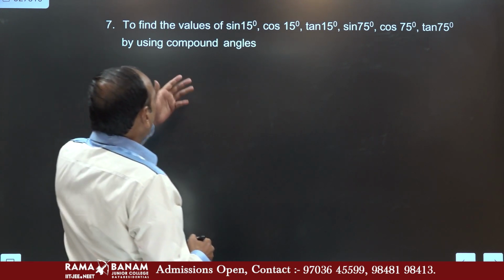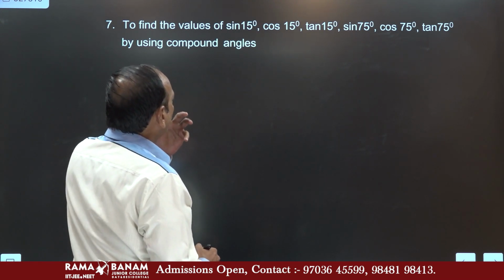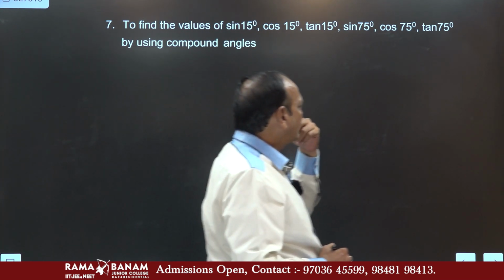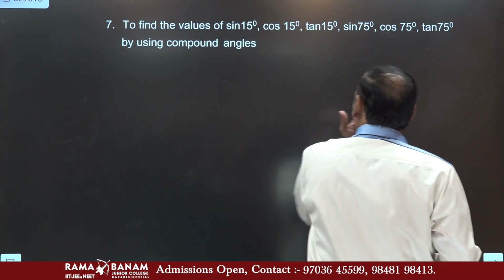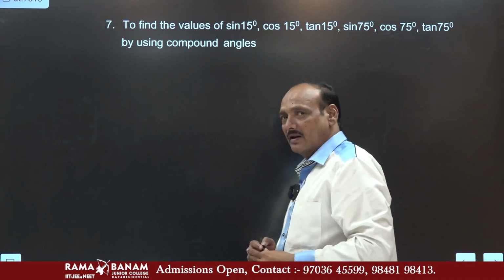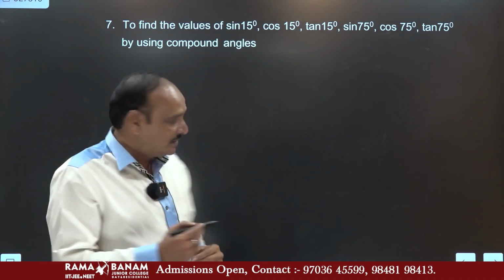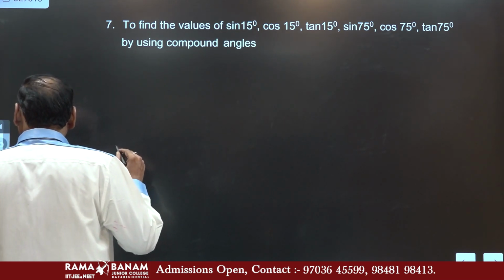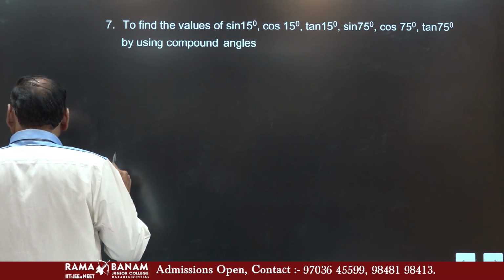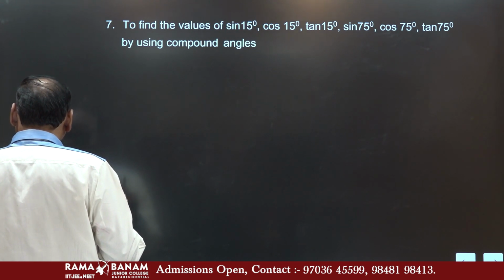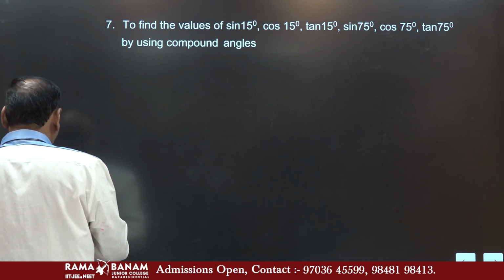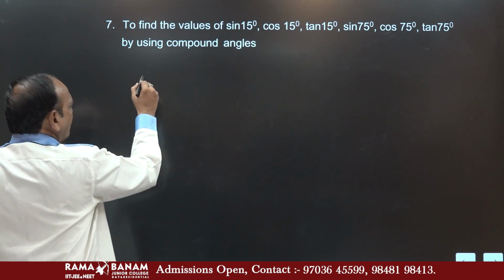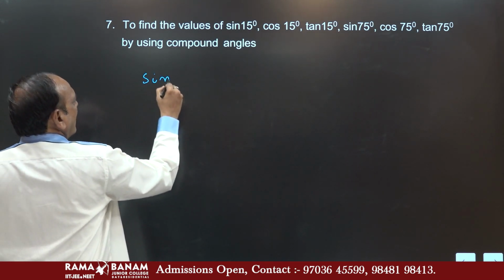Now, to find the values of sin 15 degrees, cos 15 degrees, tan 15 degrees, sin 75 degrees, cos 75 degrees, tan 75 using the compound angle. Now we are using the formula sin of a plus b.